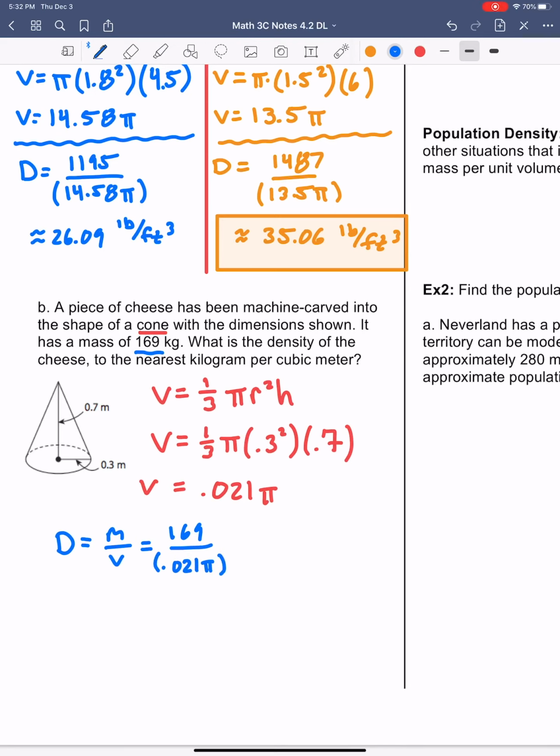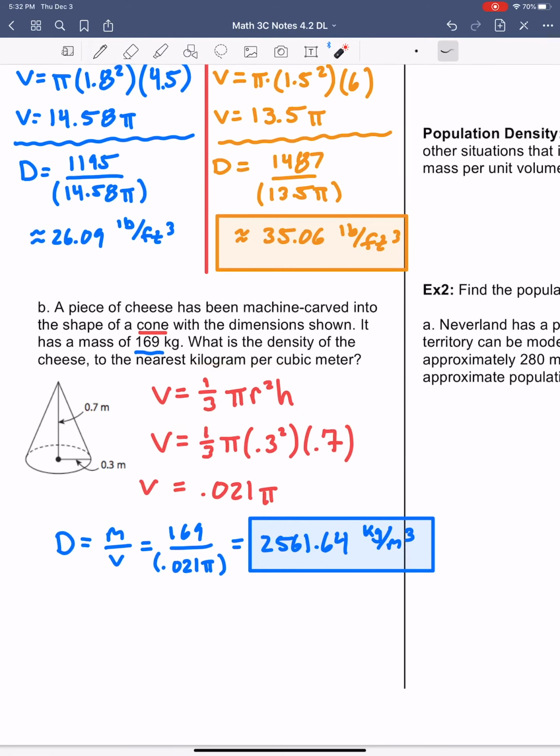And I can evaluate this, and I'll end up with 2,561.64, and that's kilograms per cubic meter. So kind of a two-step process, right? First, we're finding the volume, then we're finding the density.